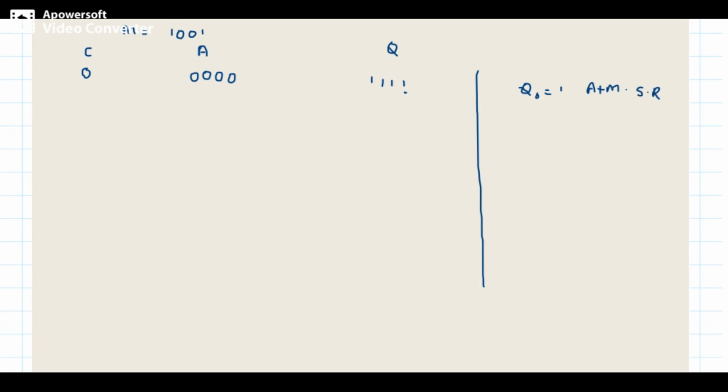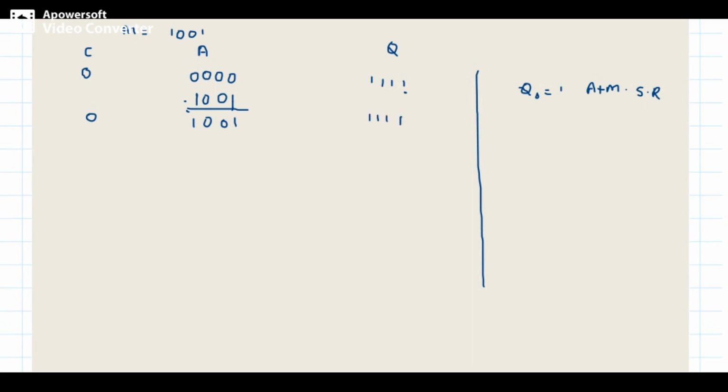Performing A plus M means initially the value of A is 0, 0, 0, 0, and I have to add 1, 0, 0, 1. So the value after addition is 1 0 0 1, and carry I'll write as it is 0, and this is also 1 1 1 1.